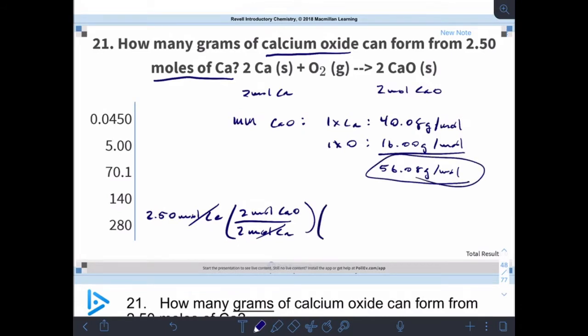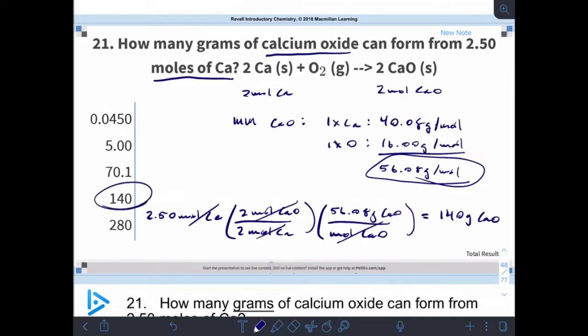I'm going to write my relationship to have moles on the bottom, grams on top, that way my moles of calcium oxide will cancel. I now have grams of calcium oxide as my answer, which should come out to be 140 grams of calcium oxide, which is our 4th answer on the list.